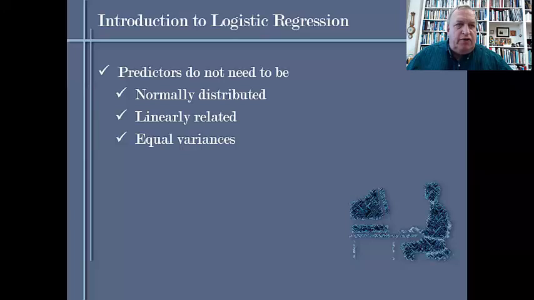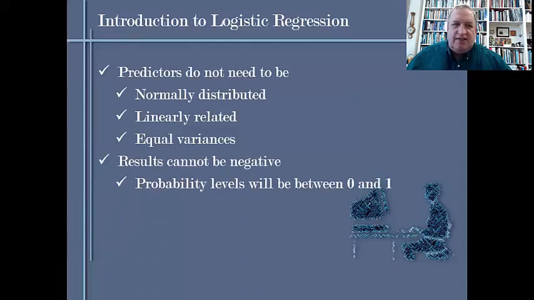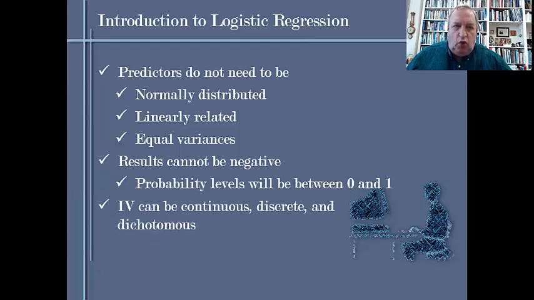Now, the predictors, or the independent variables, do not need to be normally distributed, linearly related, or have equal variance. Again, those are the three things: normality, linearity, and homoscedasticity. The results cannot be negative, because of the kind of math that is done, you're going to get scores between 0 and 1.